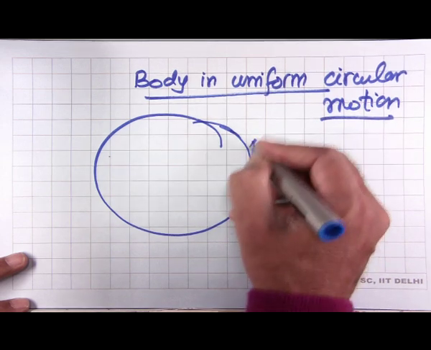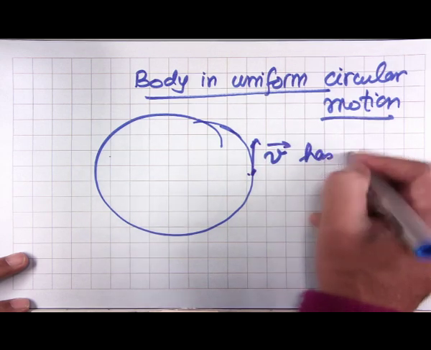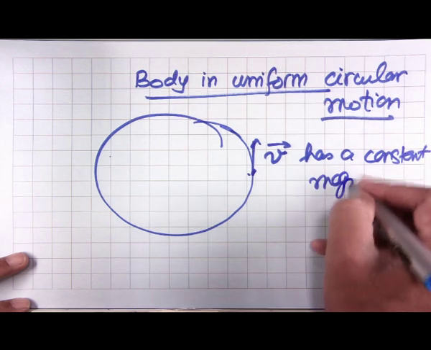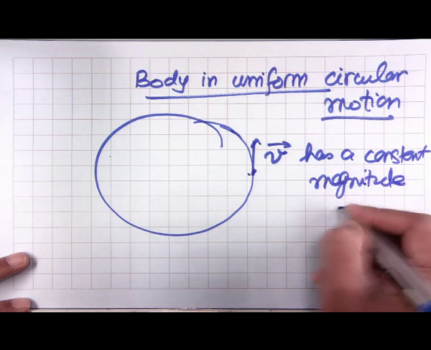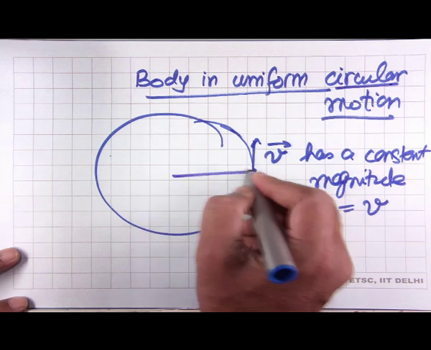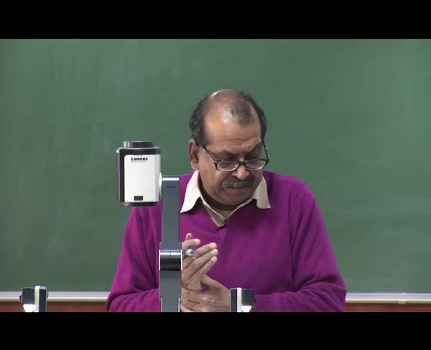Uniform motion means the velocity has a constant magnitude, which we can write as v, and it is circular motion, that means it is moving in a path which is circular. Let the radius of the path be r.